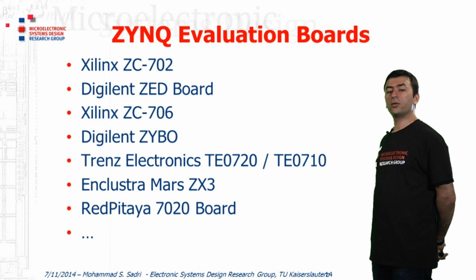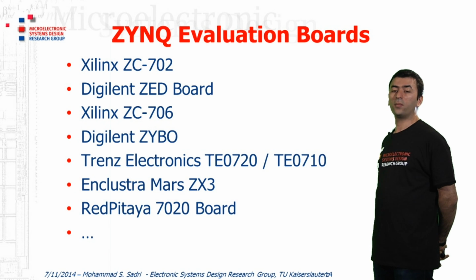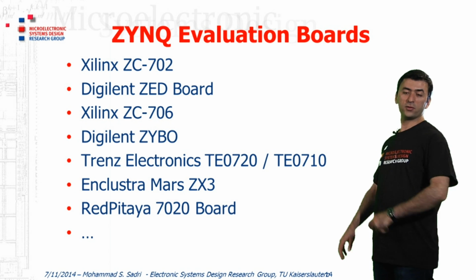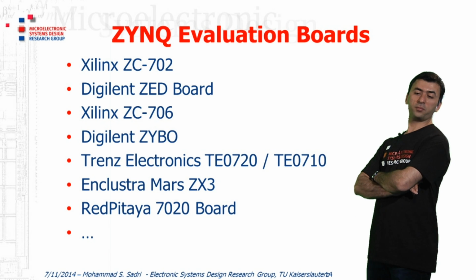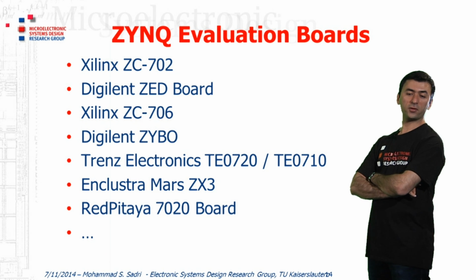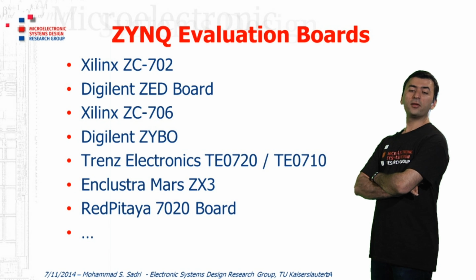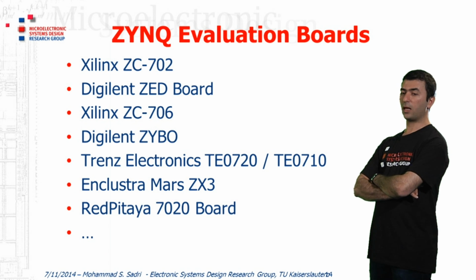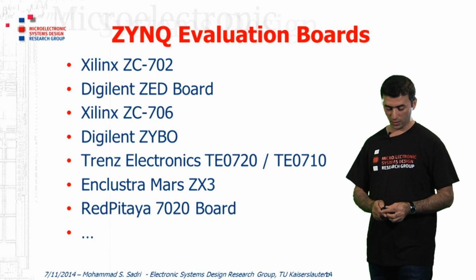The ZC702, ZC706, they are from, in fact, Xilinx itself, and then we have the Zybo from Digilent, and then there are a set of German companies producing ZYNQ boards, and then there are some interesting ZYNQ boards such as Red Pitaya, which contains high-speed A2D and D2A converters along with the ZYNQ device itself.